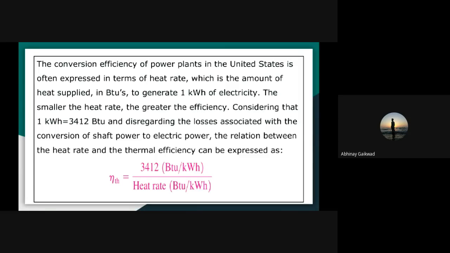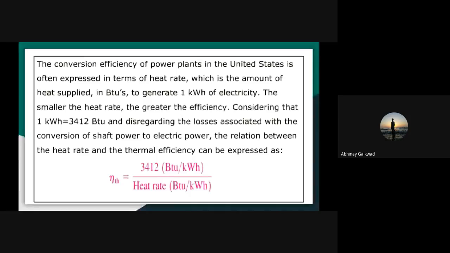Normally efficiency is found in terms of percentage, but in the US they express this conversion efficiency in terms of heat rate, which is the amount of heat supply in BTU unit.